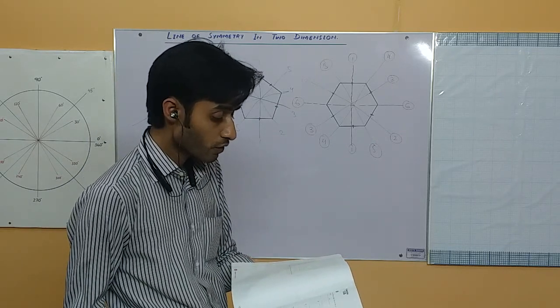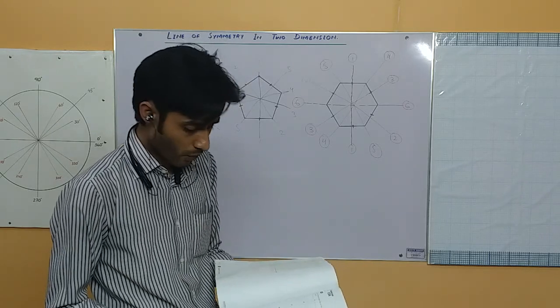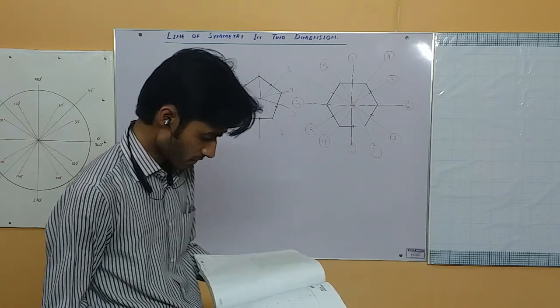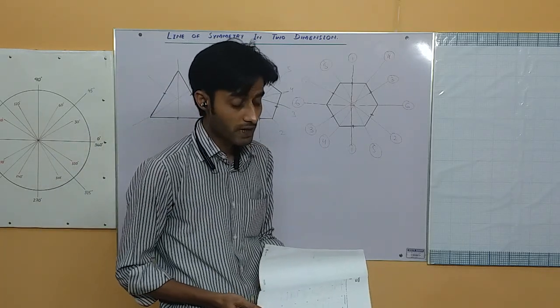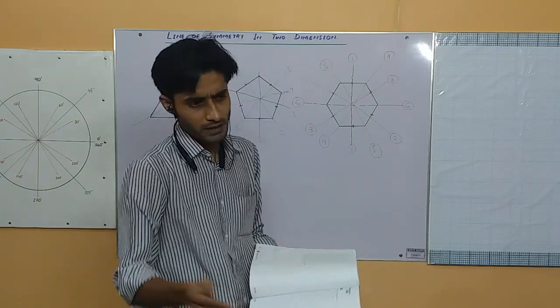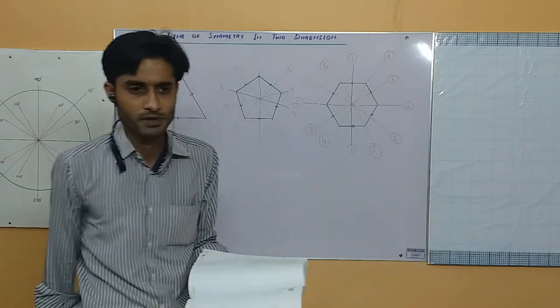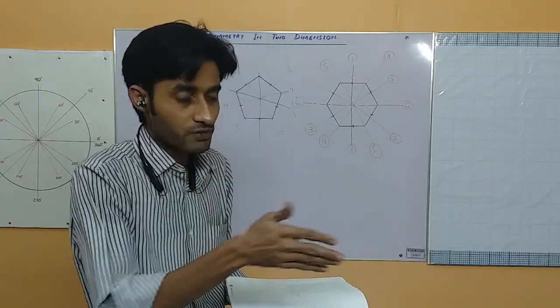Question number 1: Which of the following shapes have no line of symmetry at all? There are 12 shapes given in this question, and they're only asking you which shapes do not have lines of symmetry. So you might just try drawing lines of symmetry and then think, are the halves symmetrical?